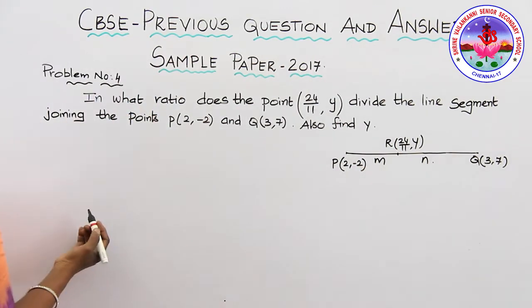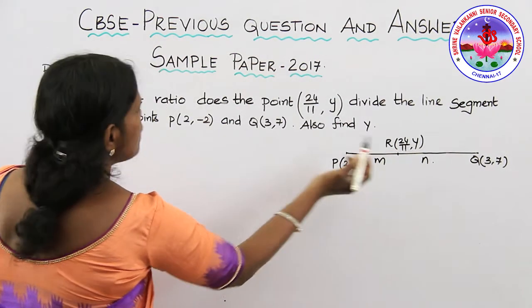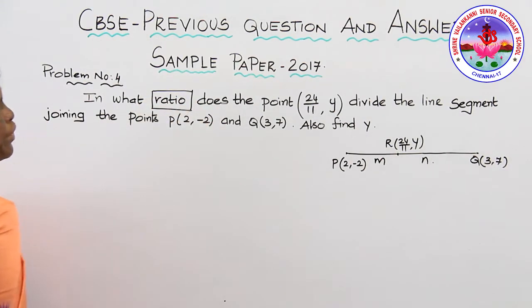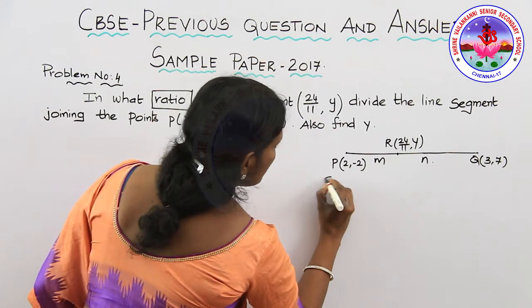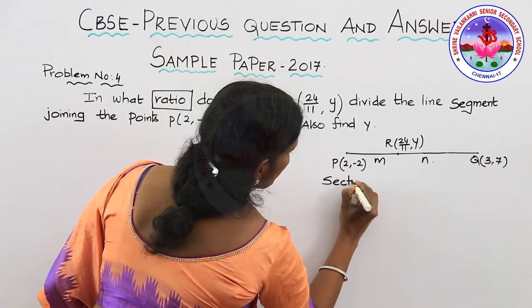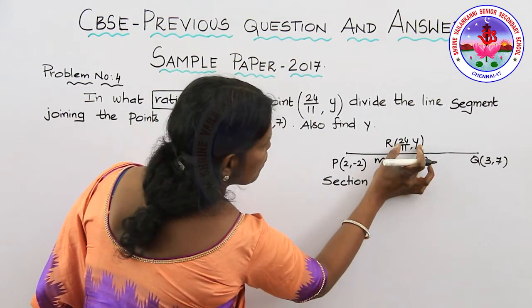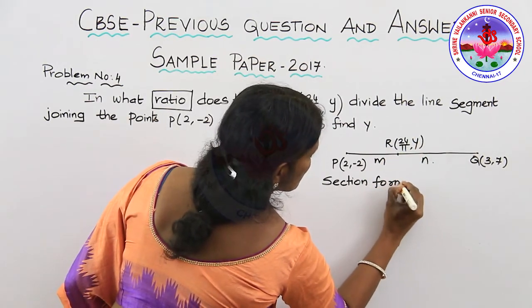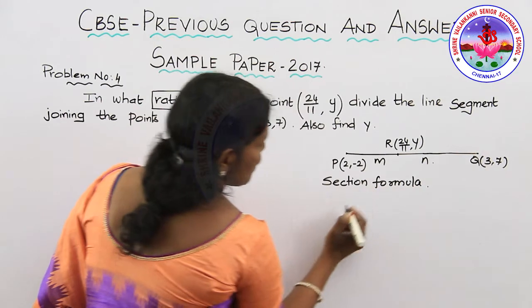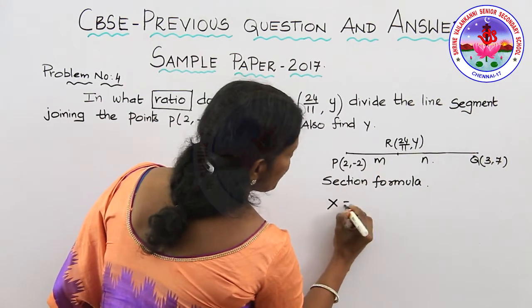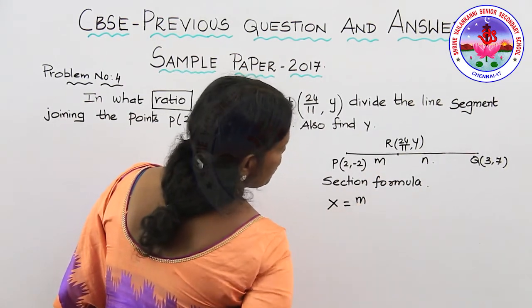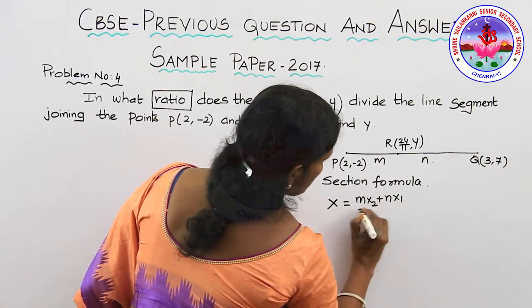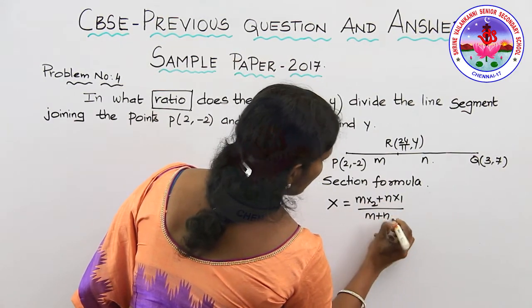So we are going to use the section formula. Since he is talking about the word ratio, I am going to use the section formula, which we studied, to find the value of the x and y coordinates. We use this formula here. The x coordinate of this point can be found by using m into x2 plus n x1 by m plus n.